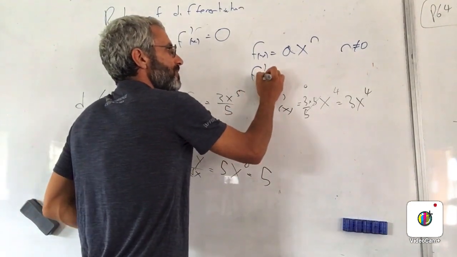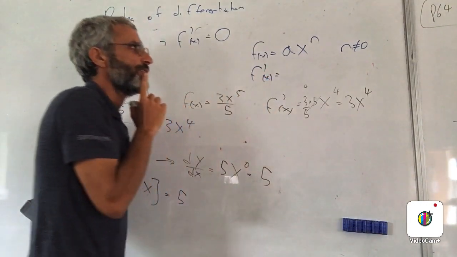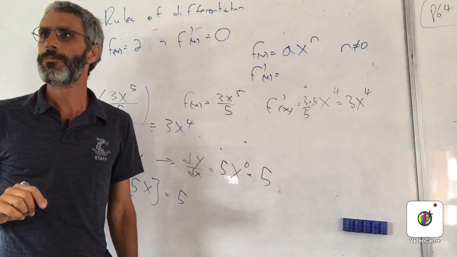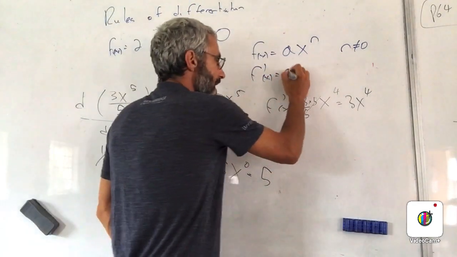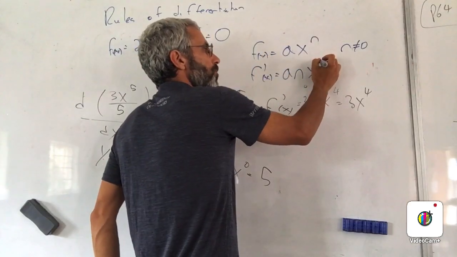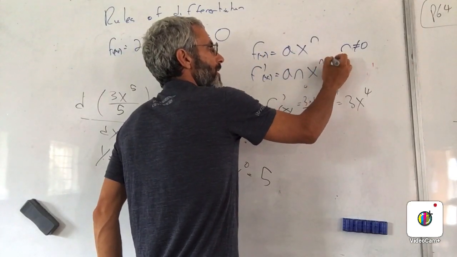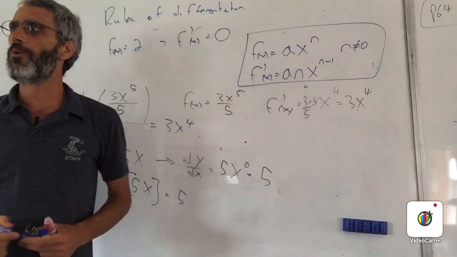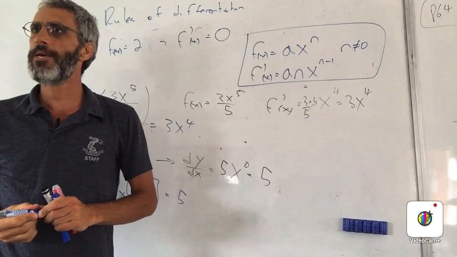The derivative, maybe somebody can figure out, what will be the derivative? A and n are just numbers. It will be a n, you're right, you smash a on the n, times x to the power of what? n minus 1. So that's the rule that you need to remember. Are we happy?